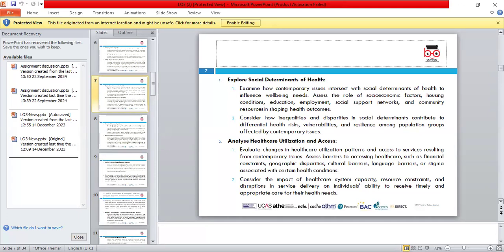In analyzing, we consider the impact of the health system capacity and making sure that the appropriate care needs are met. In care, we call this person-centered care. Okay? Person-centered care.